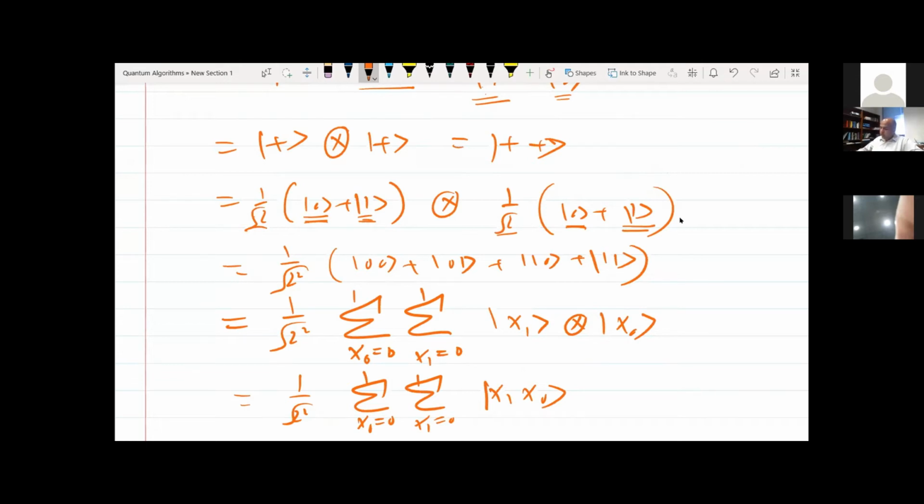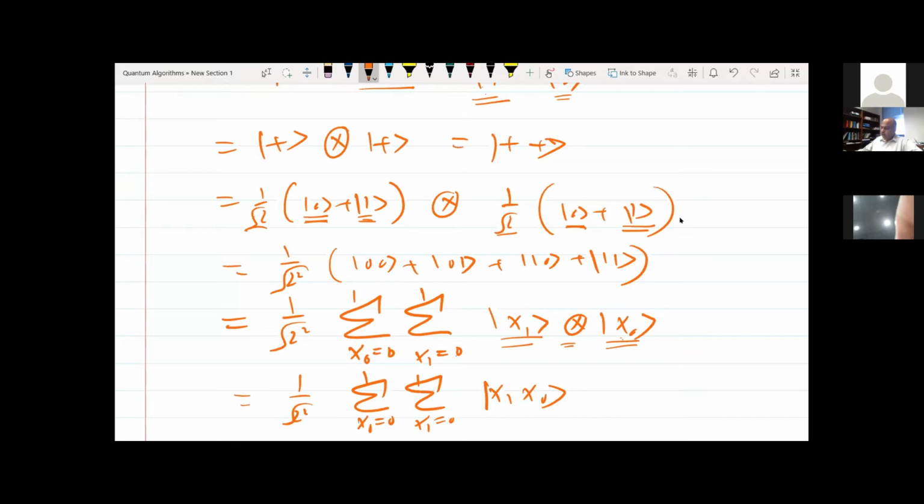This essentially means that I have two qubit states which are tensored with each other, and the state of each one is either 0 or 1, and we have to sum over all possible combinations. You can imagine that if I have 3 qubits, then I will have to write 3 sums, and so on. As we increase the number of qubits, the number of sums keeps increasing.